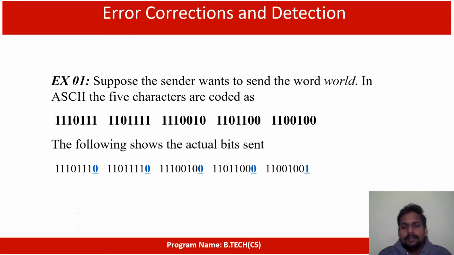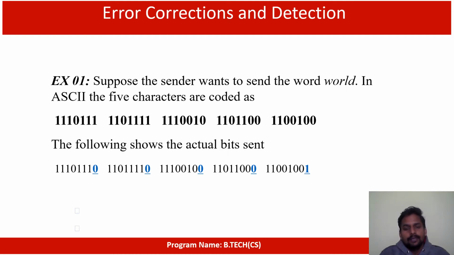And the next character is R. In this R, you see here, we have four ones and three zeros. So it is even parity because we already have four ones. Okay, it's good because there is no odd number of ones here. We are using the even parity function, so we should look for an even number of ones only.